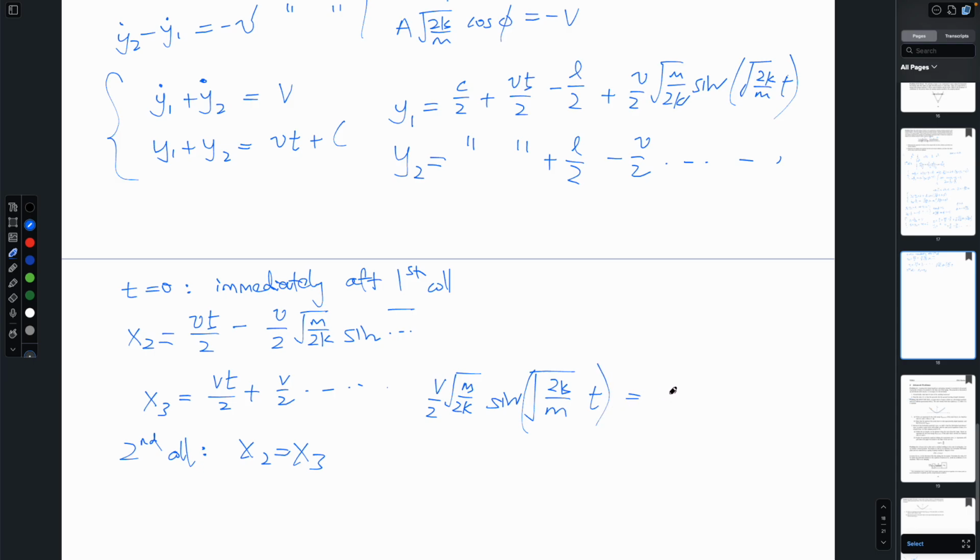So this has to be equal to negative v over 2 and so on. And the only way that is possible is if t is a multiple of pi. Wait, not 2 pi. 2 pi doesn't work.